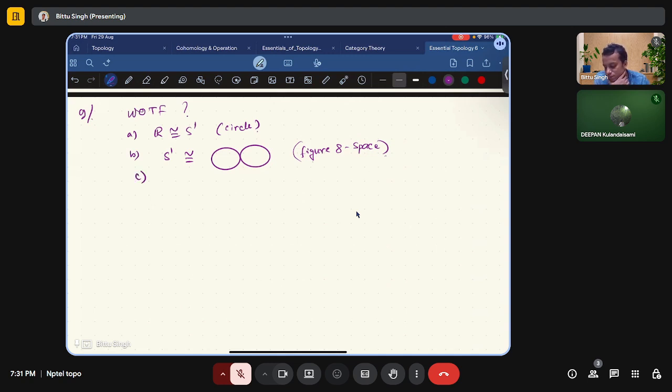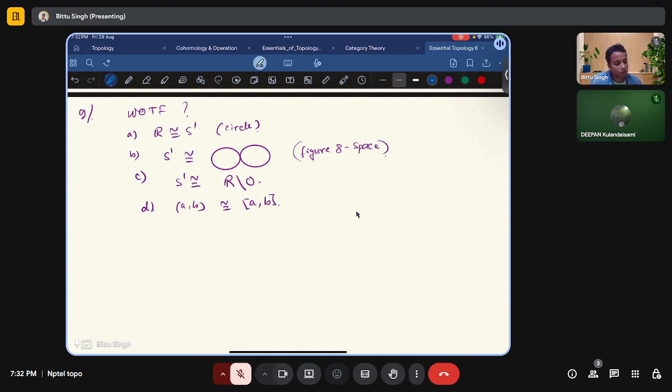Option C, S1 is homeomorphic to R minus 0. Option D, open interval A comma B is homeomorphic to closed interval AB. So which of the following are correct?